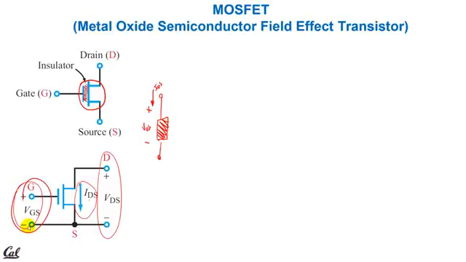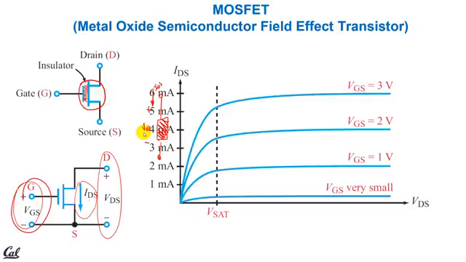So let's look at what happens if we take some curves of how IDS changes as a function of VDS. It seems a reasonable thing to do. Let's just take some data. What you see is a curve like this, and we've added some numbers just to give you some impression. These numbers will vary widely if the FET is intended for high power applications or if it's a tiny little FET inside your semiconductor chip.